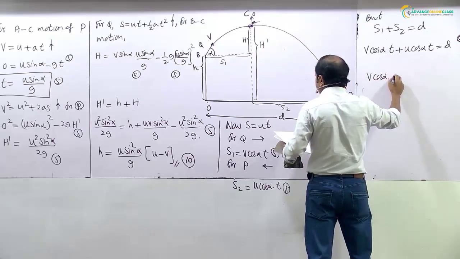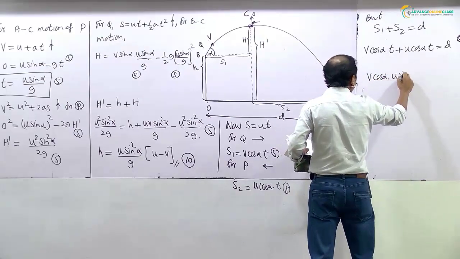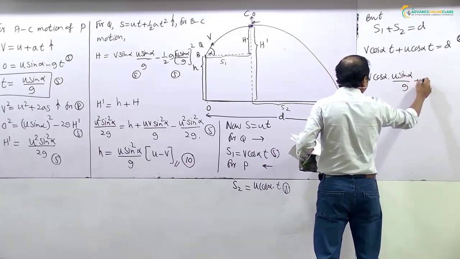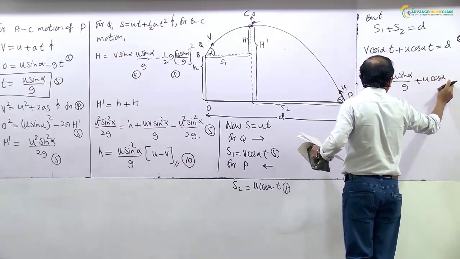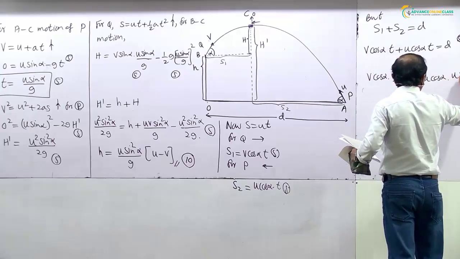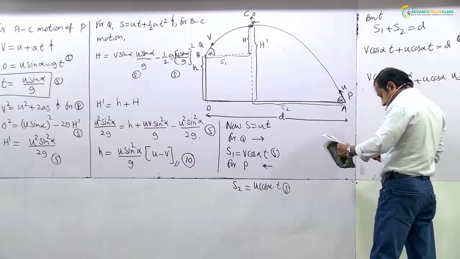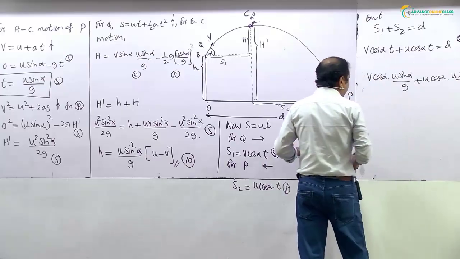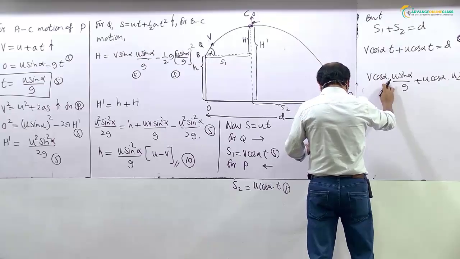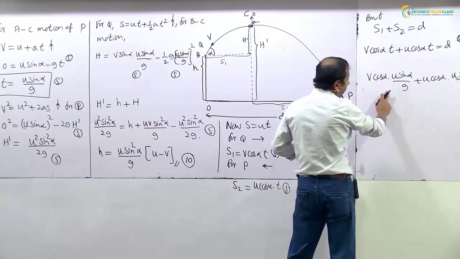Now substitute for T. V cos alpha times T, where T means U sine alpha over G, plus U cos alpha times T, where T means U sine alpha over G, equals D. Okay. Right, we will now simplify here. We get the answer in terms of sine 2 alpha. How?